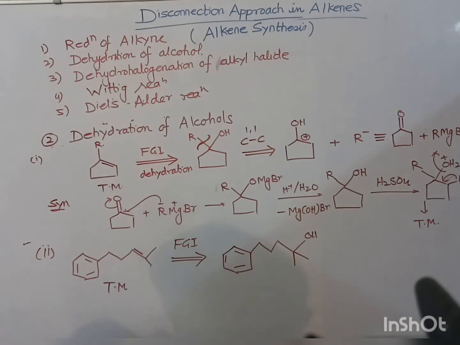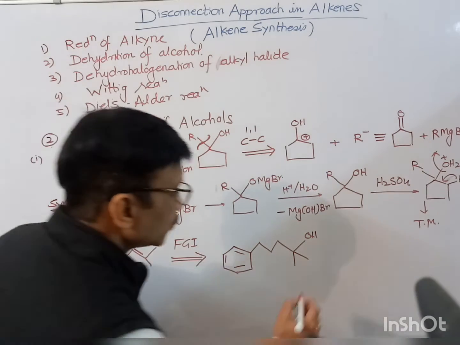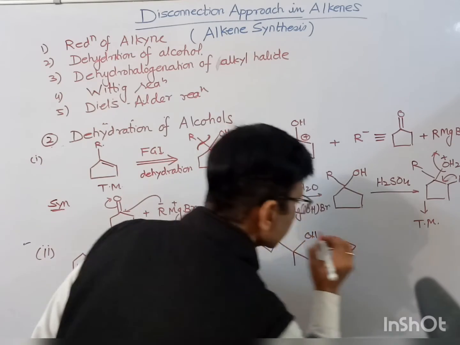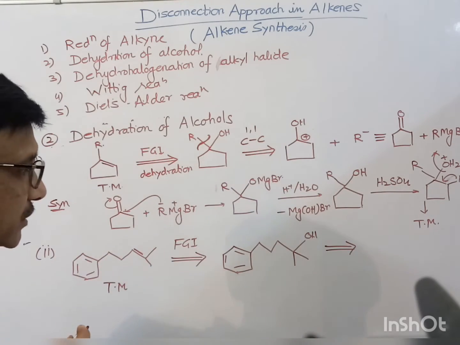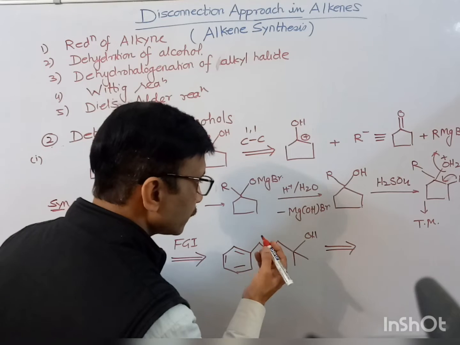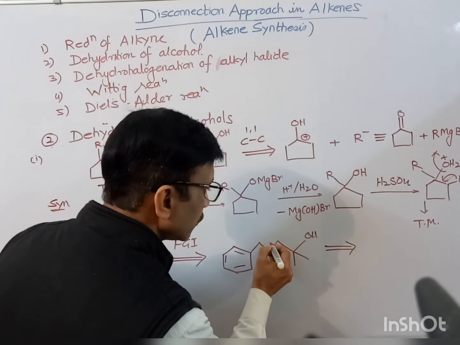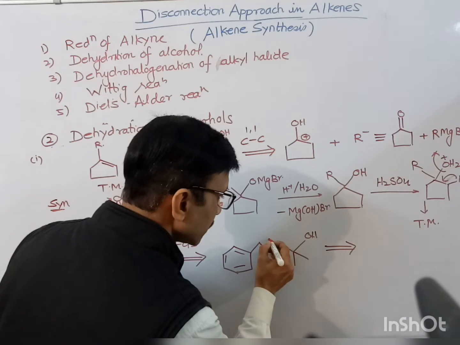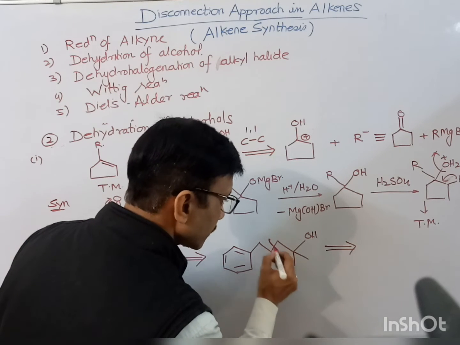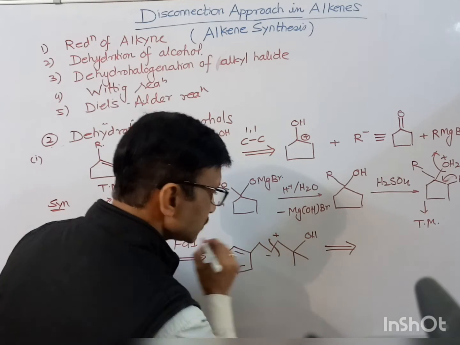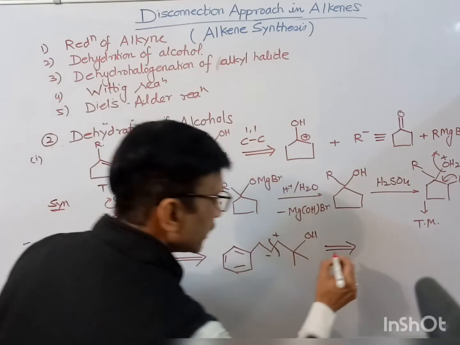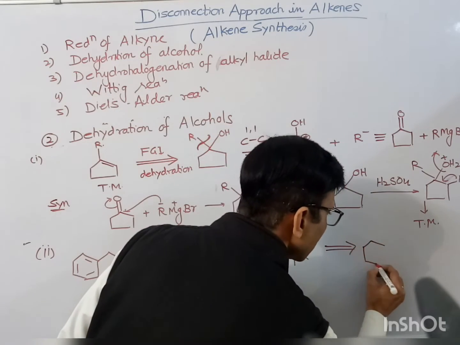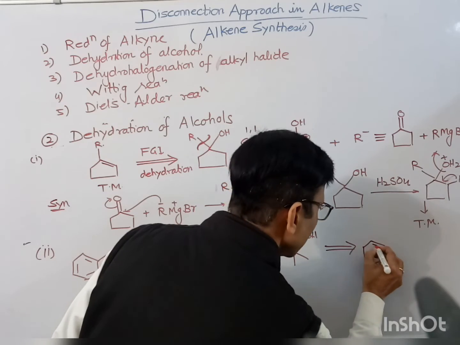This is clear. Now you can do the disconnection. As I have told the strategy for the disconnection of alcohol, you will do the disconnection from here. So this will have the positive charge, this will have the negative charge, and what would be the synthetic equivalent?